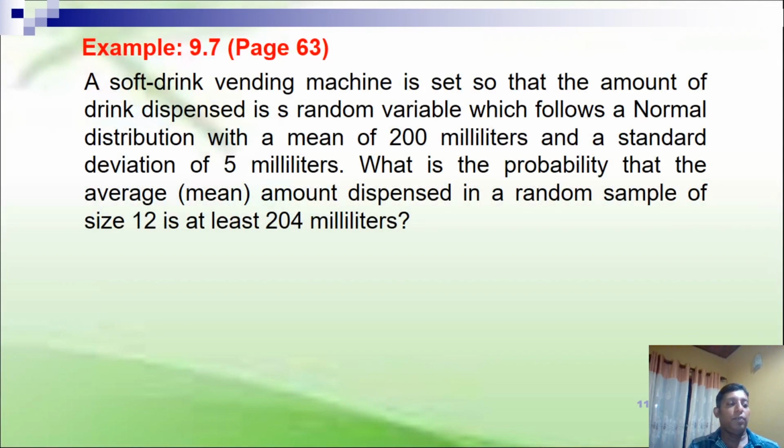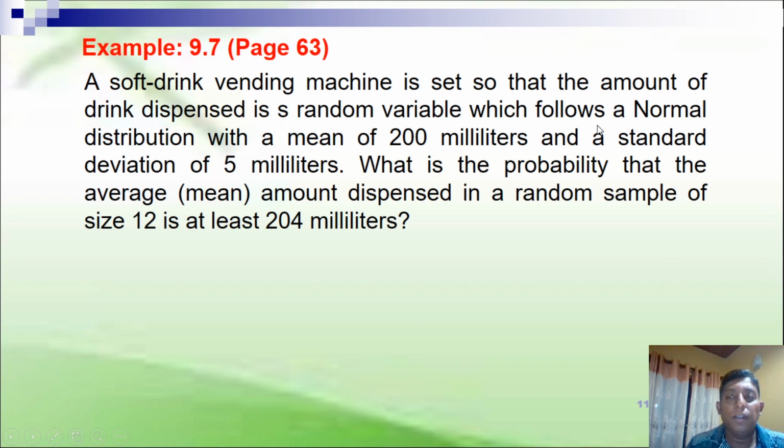Now see the first example, given on page number 63. Let's read this one. A soft drink vending machine is set so that the amount of drink dispensed is a random variable which follows a normal distribution. Here our random variable is the amount of drink dispensed from a vending machine.